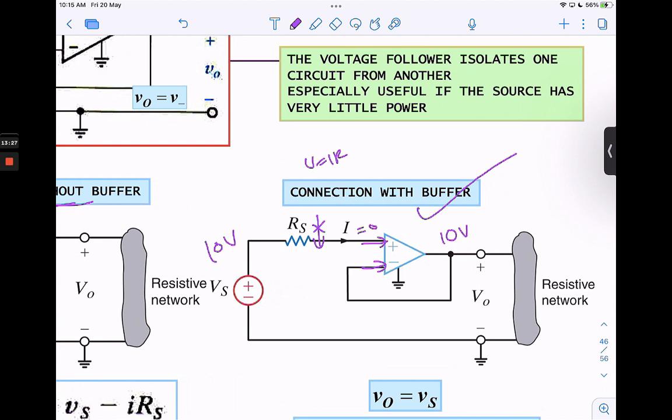Okay, because we have gain equals 1, plus we have high input impedance at the input of the amplifier, and low output impedance at the output of the amplifier. So that's why we have Vs equals 10 volt, and the output of the buffer is also 10 volt. So we can have a 10 volt source that drives the load resistor. Okay. Any questions so far?